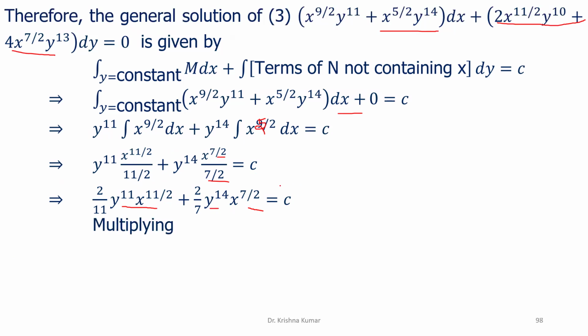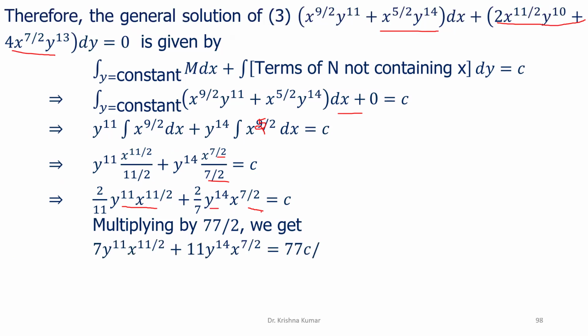So multiplying the whole by 77/2, we get 7 y to the power 11 into x to the power 11/2 plus 11 y to the power 14 into x to the power 7/2, which is equal to 77/2 c, which is equal to c1, the integrating constant.